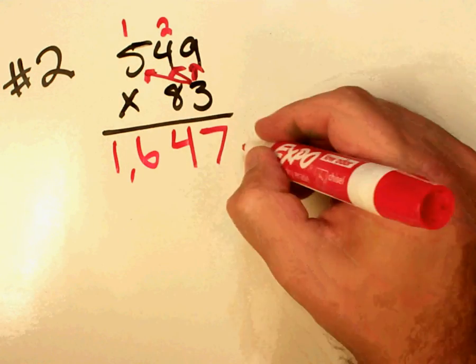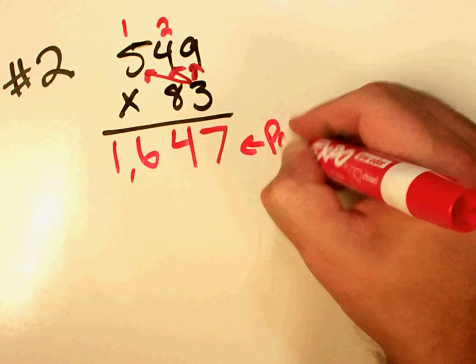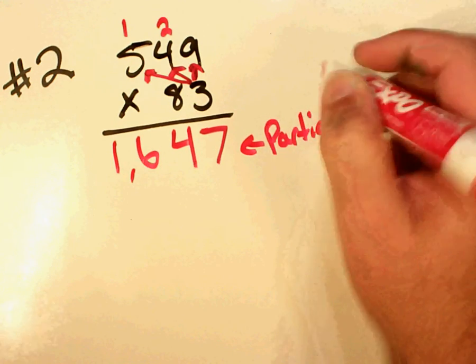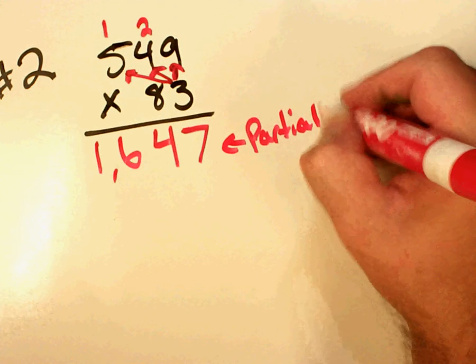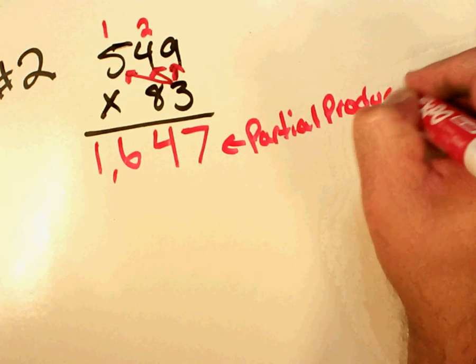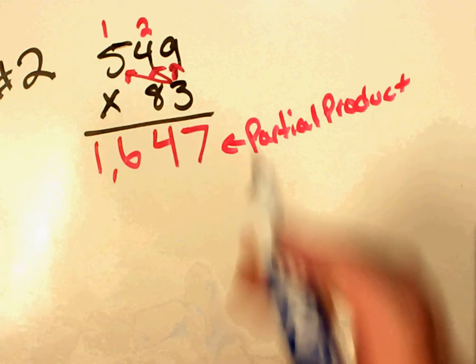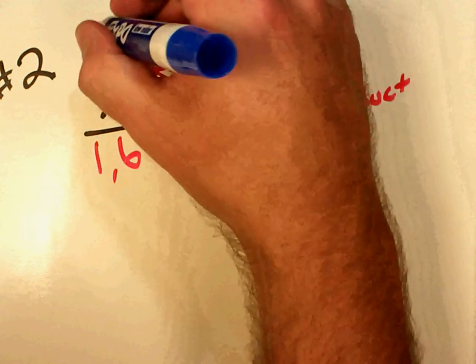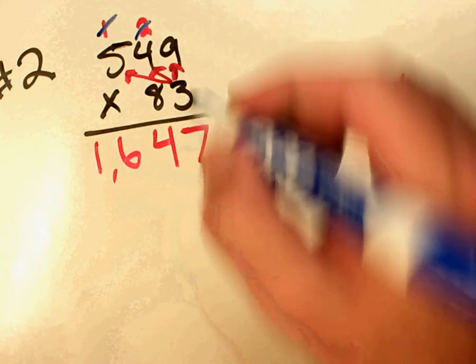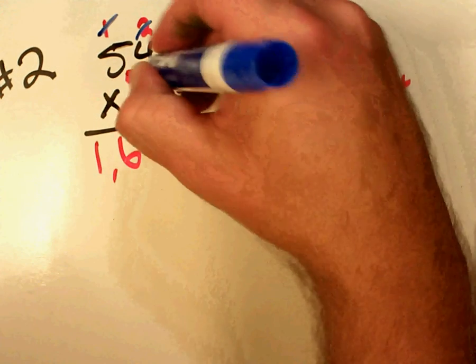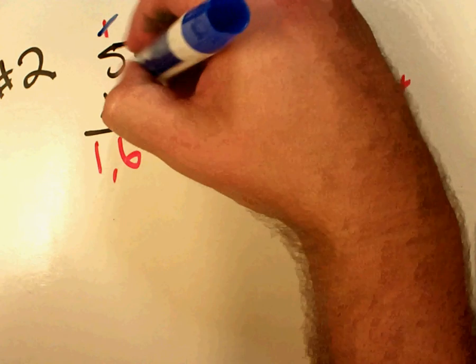So this is my first partial product. And I'm going to go ahead and put a line through these just so they don't confuse me. Even though they're in red and I'm using blue now, shouldn't be that confusing, but you never know.